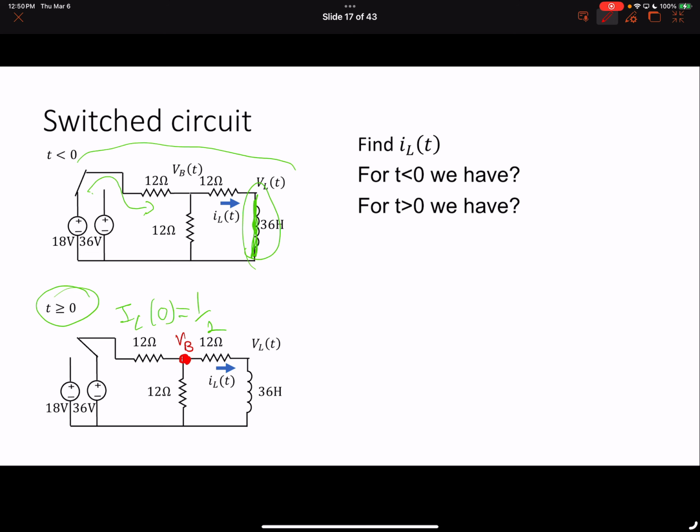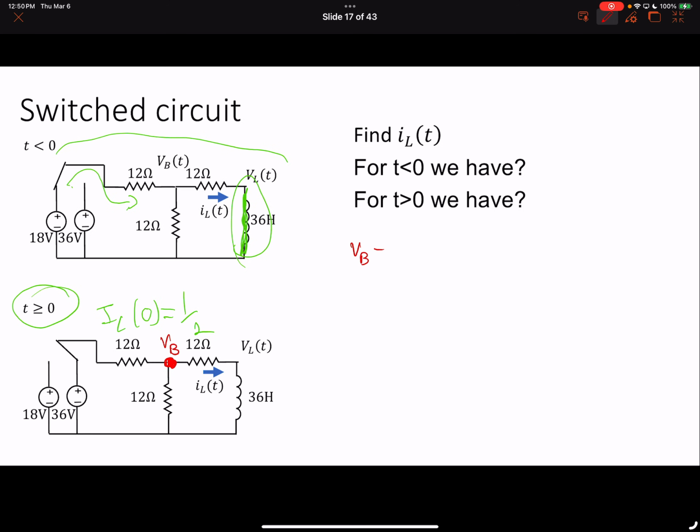And so we have (VB minus 36)/12 plus (VB minus VL)/12 plus (VB minus 0)/12 equals 0. So I just apply KCL in this particular equation.